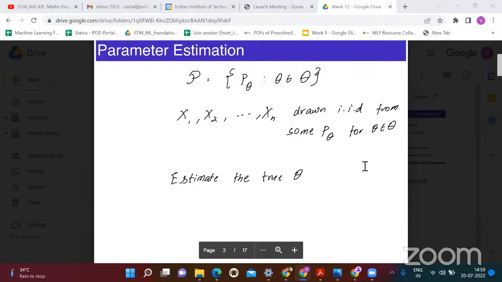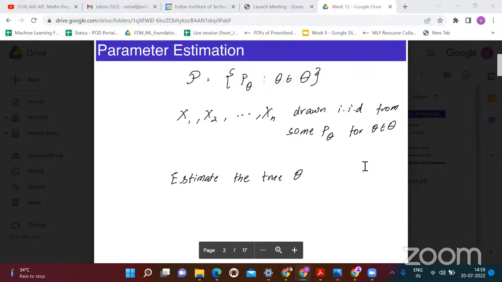So if I have a chunk of sample data set, from the sample data only I want to estimate the value of the parameter.